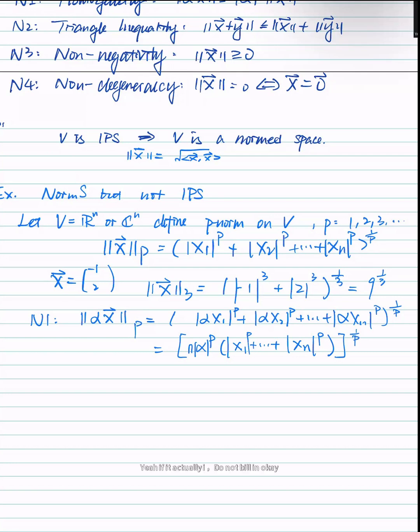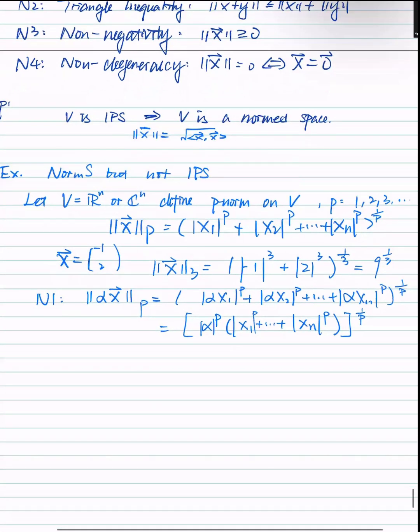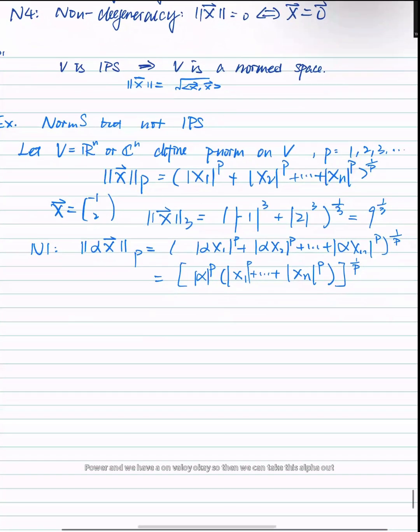Now we have alpha raised to the p power and 1 over p, so we can take this alpha out.